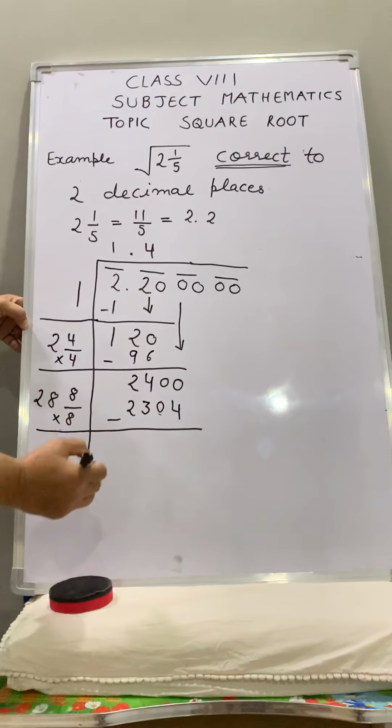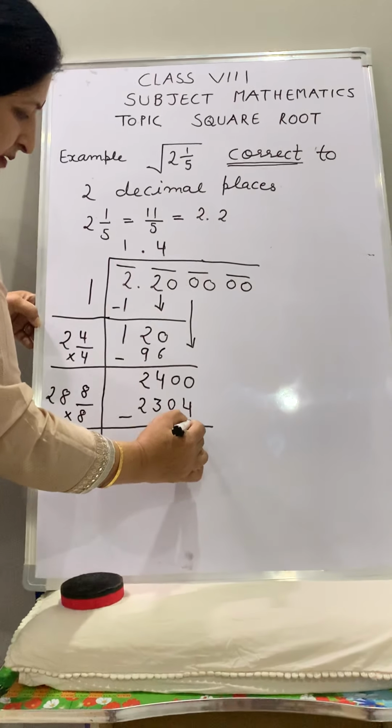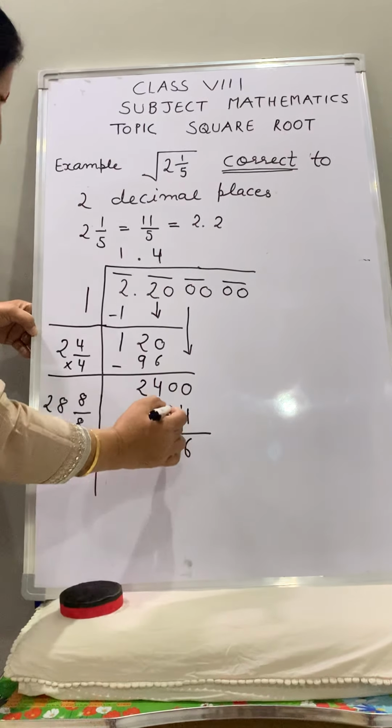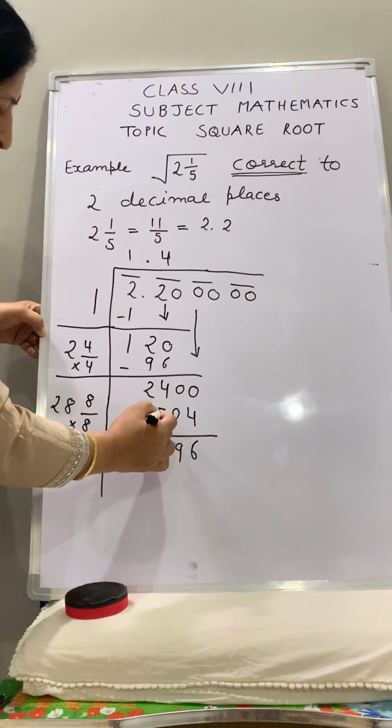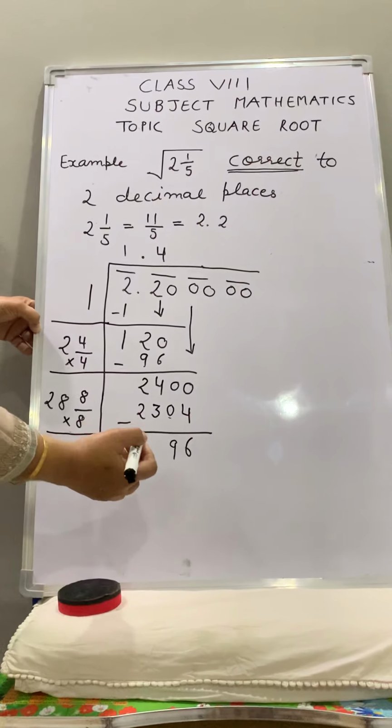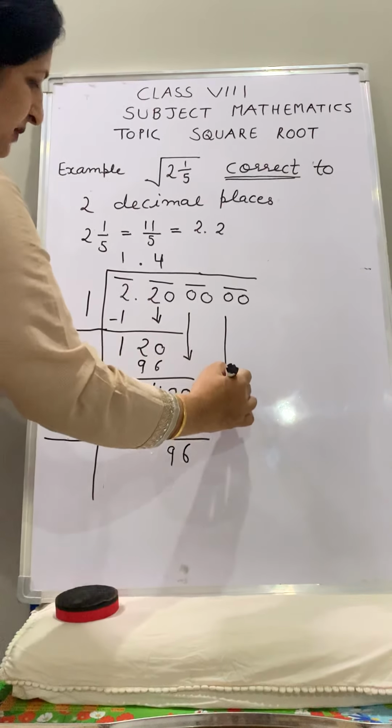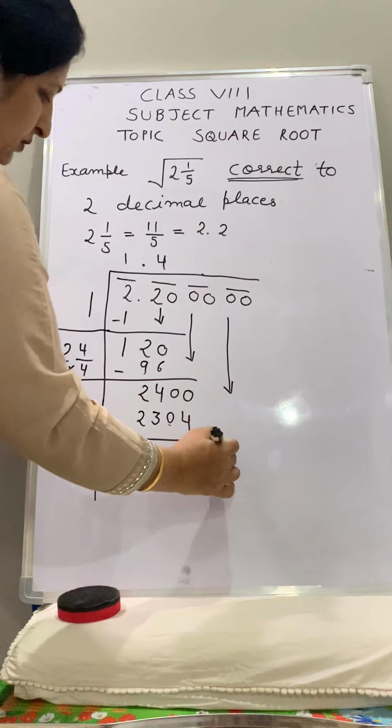Now 10 minus 6, 10 minus 4 is 6. Now it is 9. 9 minus 0 is 9. It will be 3. 3 minus 3 is 0. 2 minus 2 is 0. We will bring down the next period 0 0.